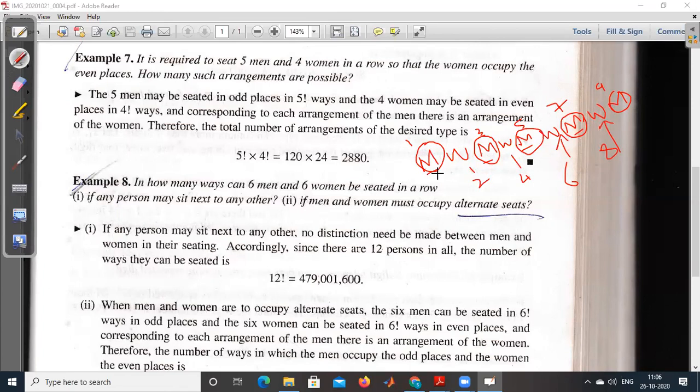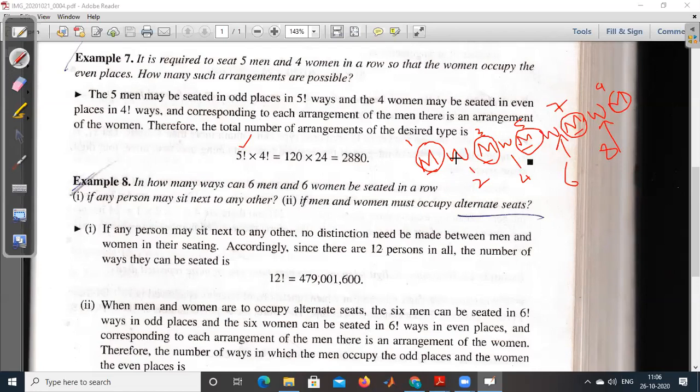So which man has to sit in the first place and which man in the third place? We can arrange them internally in 5 factorial ways. In the same way, the women have to sit in the second, fourth, sixth, and eighth places.